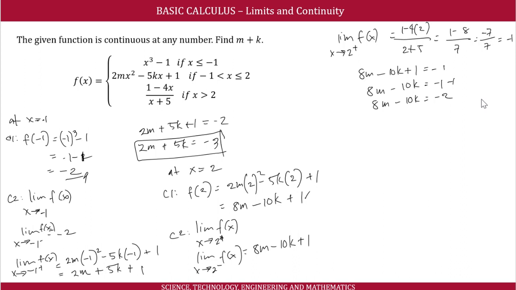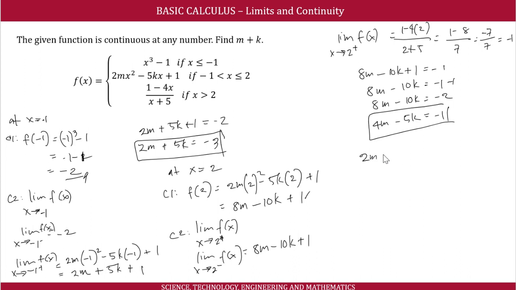To simplify this, we can divide all the terms by 2 because it is divisible. 8 divided by 2, 4m. 10 divided by 2, 5k. Negative 2 divided by 2, negative 1. Okay, we have equations 2m plus 5k equals negative 3 and 4m minus 5k is negative 1. We will solve this simultaneously to come up with the values of m and k.